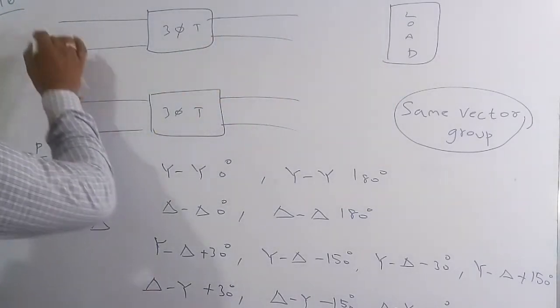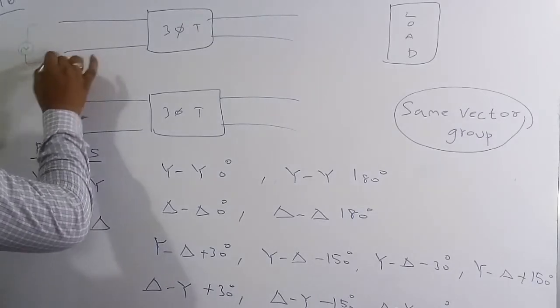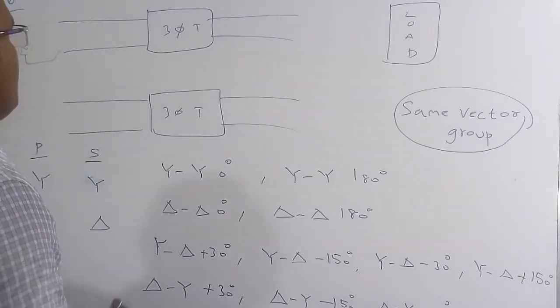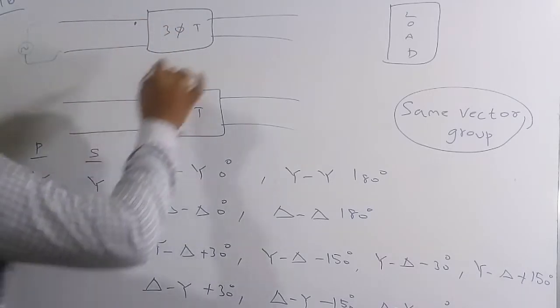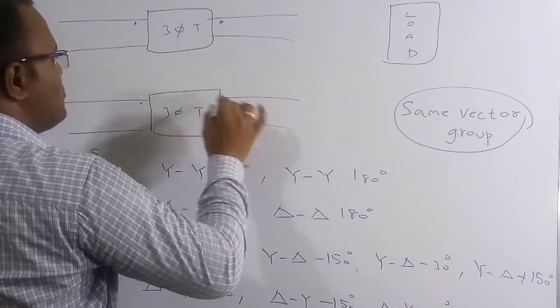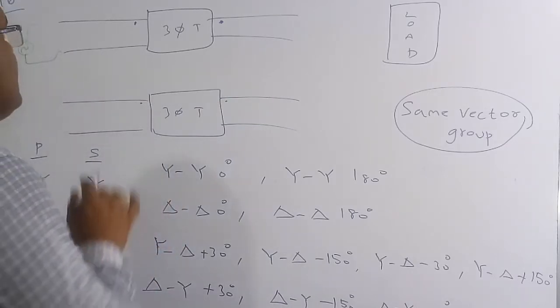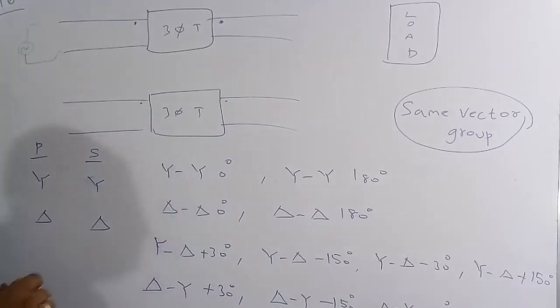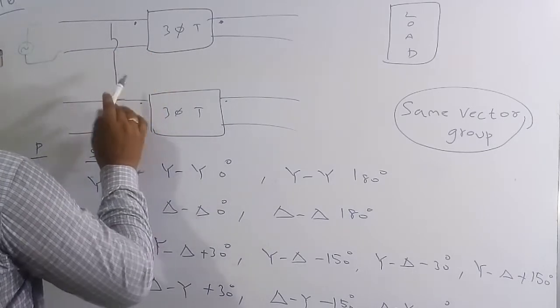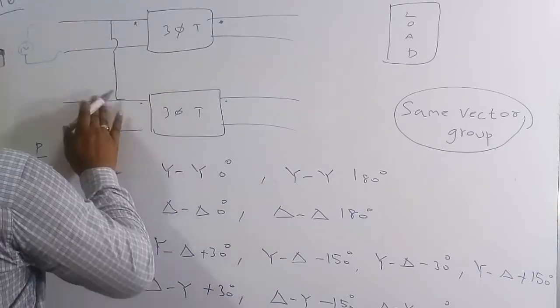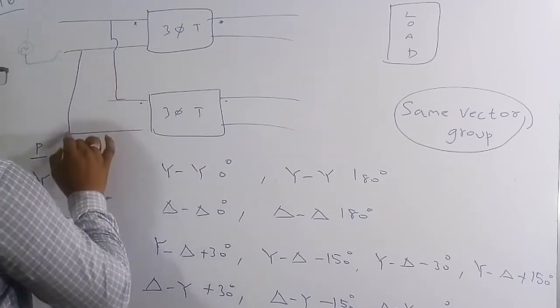Suppose this is a supply, and I want to make a parallel operation. There will be dot polarity for the input and also dot polarity at the output. So always here we need to connect in a polarity fashion. The input dot polarities should be connected together, and the remaining terminals connected like this.